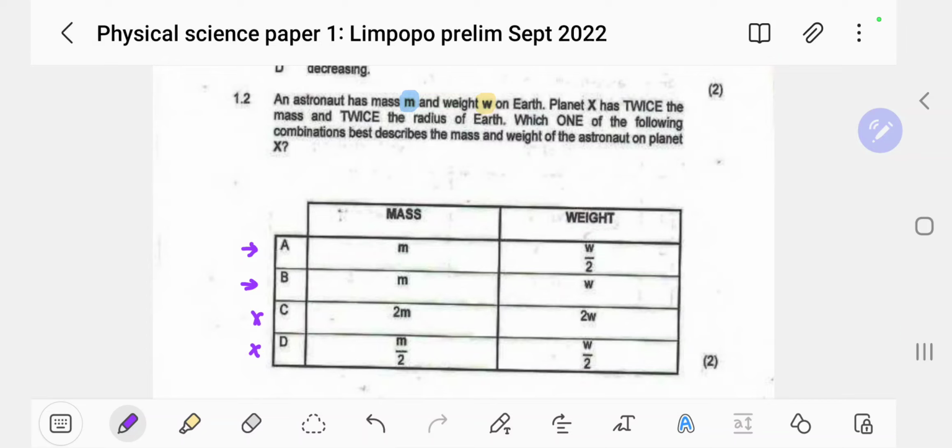But the weight, yes, will definitely change. So we know that the weight cannot be B. I mean, it cannot be W on a planet where the radius of that planet is twice that of the Earth and the mass of that planet is twice that of the Earth. So because of that, that one falls away.